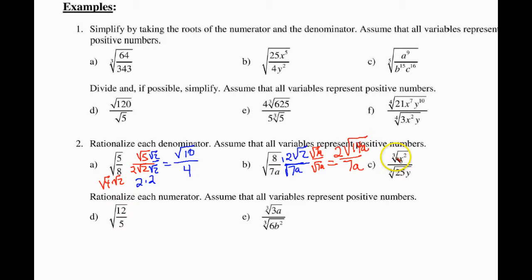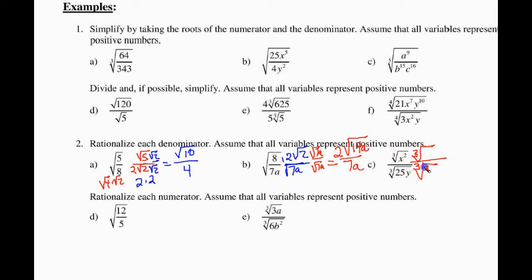Now, here we're doing something to the third power. So what do we have to multiply this by? It's going to be the third root of something over the third root of something. That'll make our denominator a perfect cube. Well, so far we have 5 times 5.